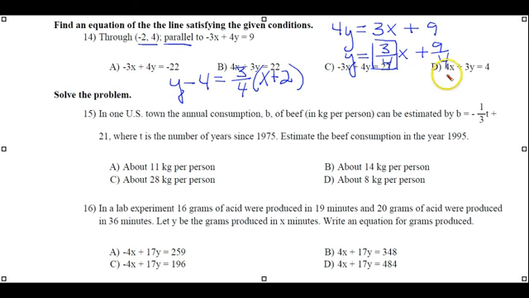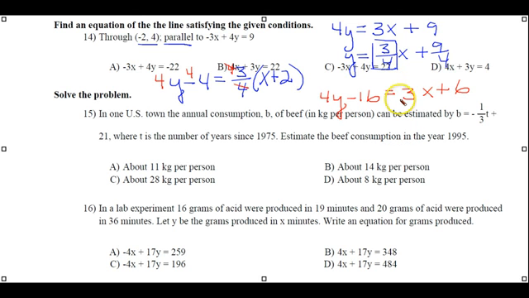And again, they want it in standard form, so I'm going to multiply everything by my common denominator here, 4, to get rid of my fractions. So these just cancel out. So I now get 4y from here minus 16 equals 3x plus 6.